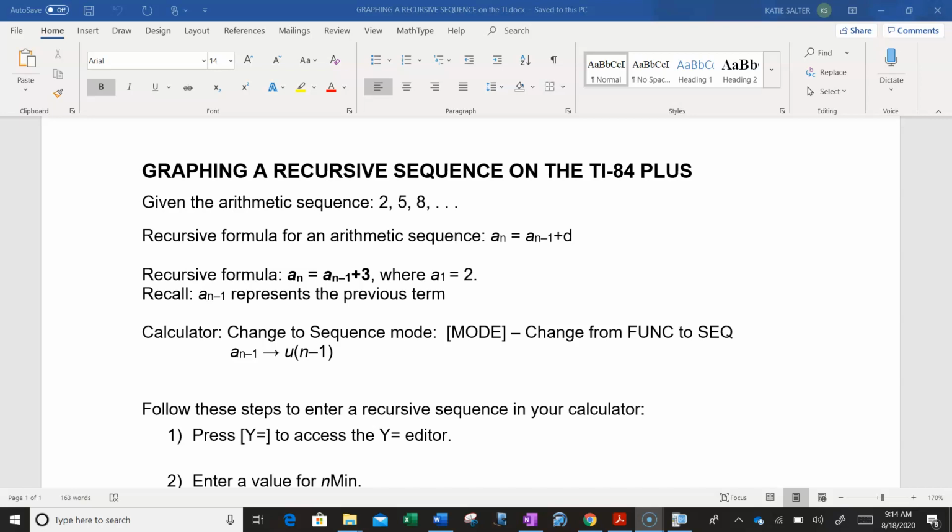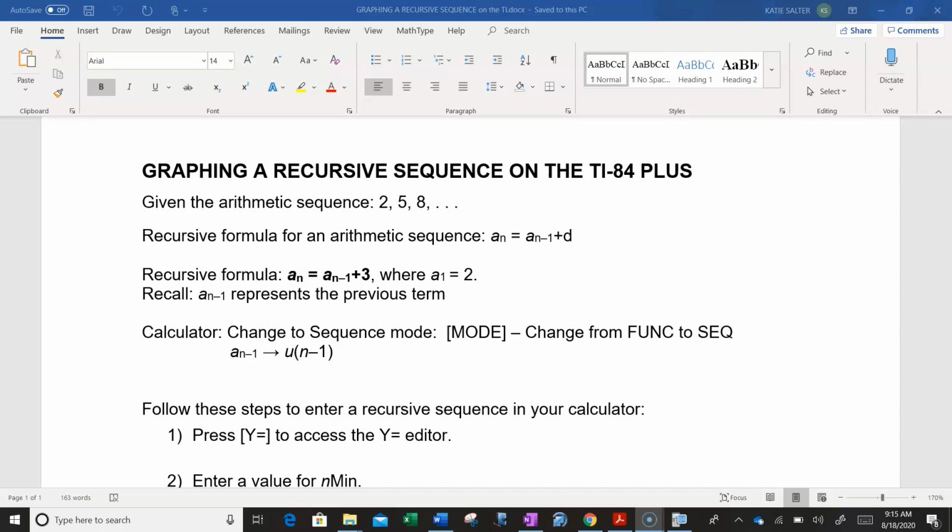Given the arithmetic sequence 2, 5, 8, and so on, the recursive formula, because this is arithmetic, would be a sub n equals a sub n minus 1 plus d. So in this case, a sub n equals a sub n minus 1 plus 3, where a sub 1 equals 2. Recall, a sub n minus 1 represents the previous term.